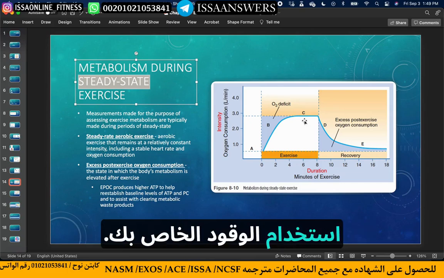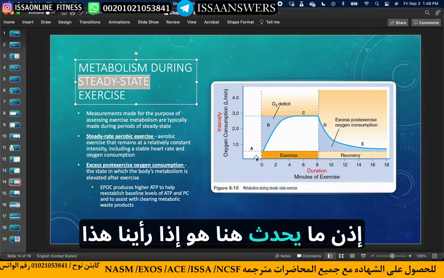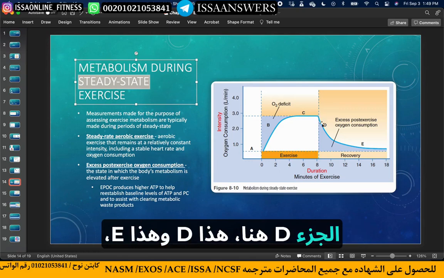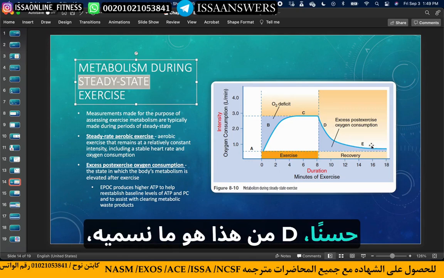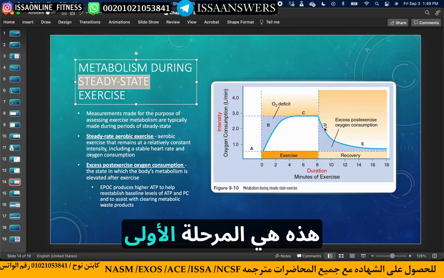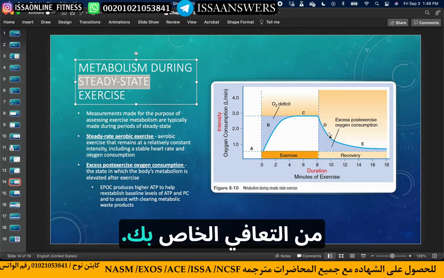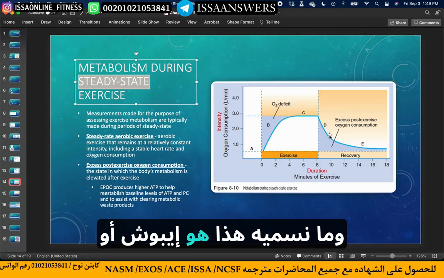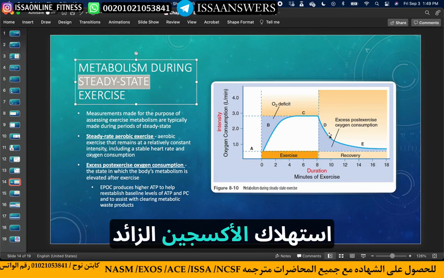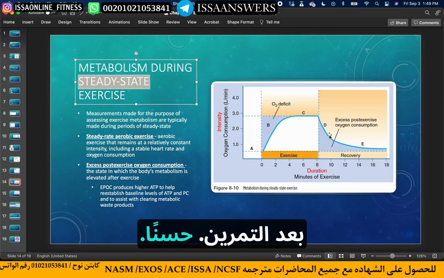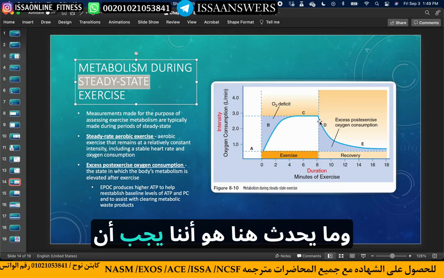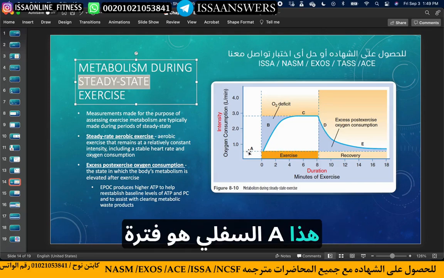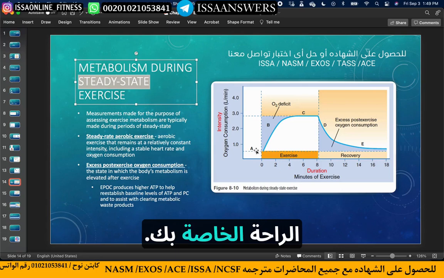and that's what makes a big difference in you maintaining your fuel utilization. So then what happens is we see this D part right here, and this E. Well, the D is what we would call the first stage of your recovery. And we call this EPOC, or excess post-exercise oxygen consumption. Okay? And what happens here is we have to understand that this bottom A is your resting period.